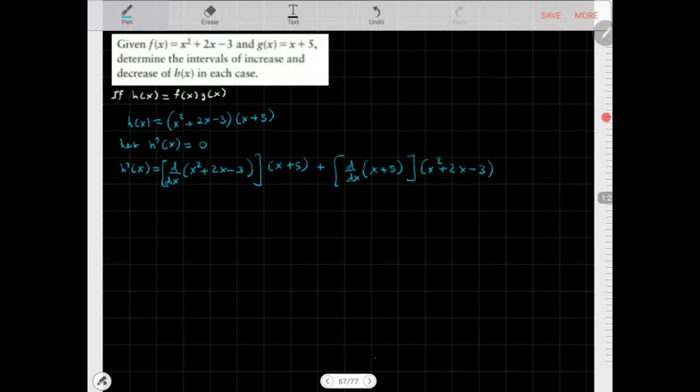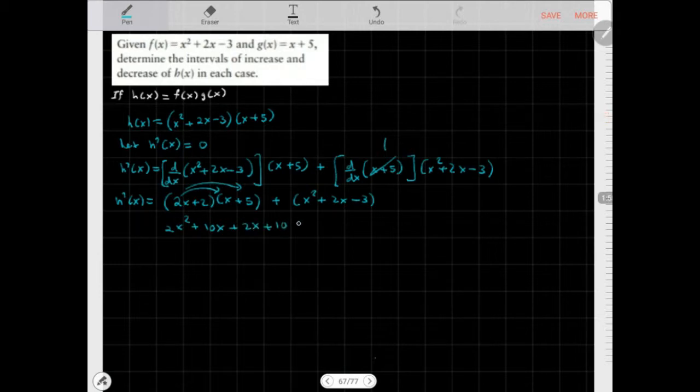So in this case you get 2x plus 2 times x plus 5 plus derivative of x plus 5 is 1, times x squared plus 2x minus 3. So this is your h prime of x function. And then what I want to do is expand this out. Okay, so if I expand this out, I'm going to FOIL it. You get 2x squared plus 10x plus 2x plus 10 plus x squared plus 2x minus 3.